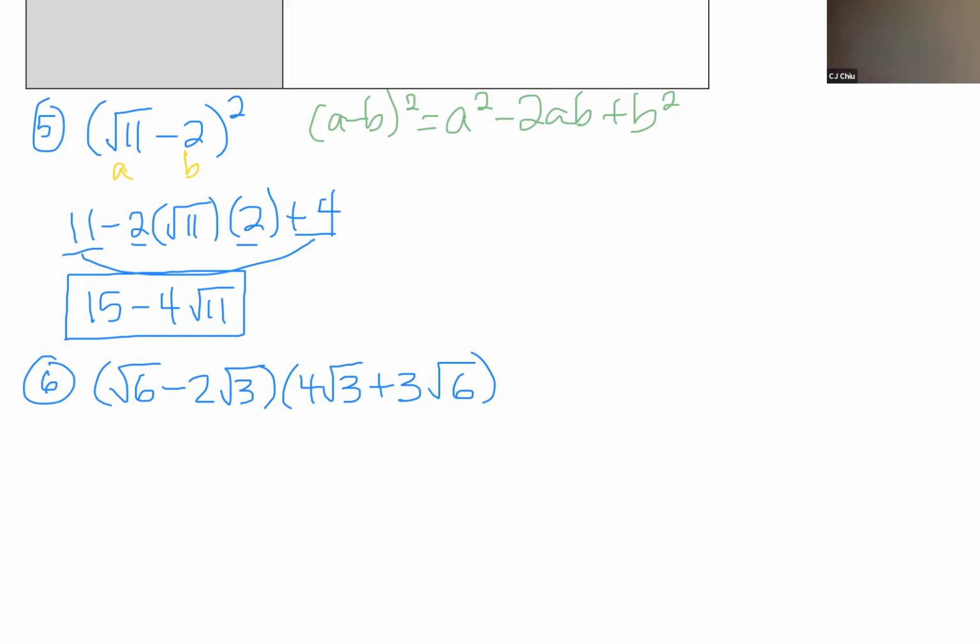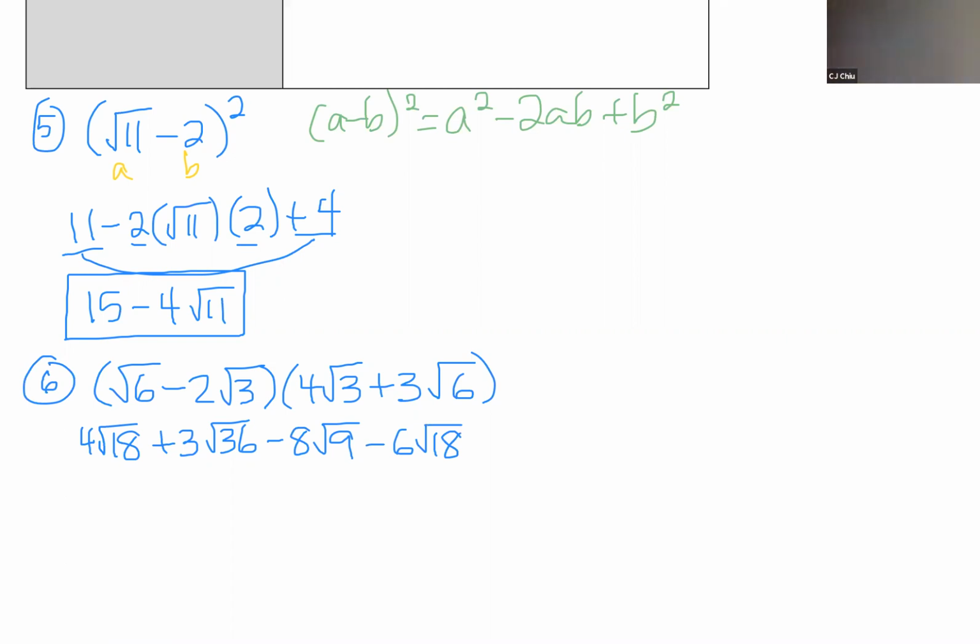So square root of 6 times 4 square root of 3 is 4 square root of 18. Square root of 6 times 3 square root of 6 is 3 square root of 36. Negative 2 square root of 3 times 4 square root of 3 is 8 square root of 9. And then 2 square root of 3 times 3 square root of 6 is 6 square root of 18. Okay.